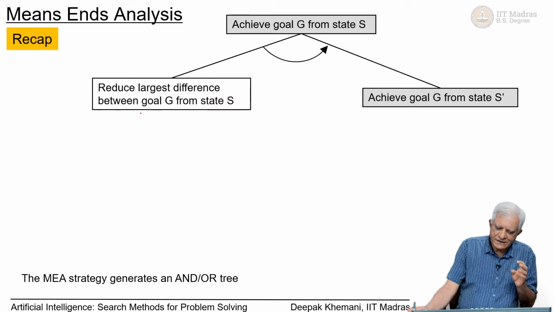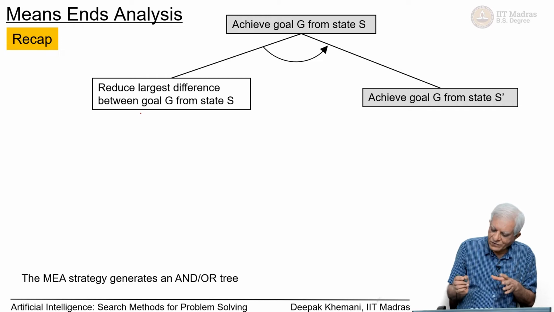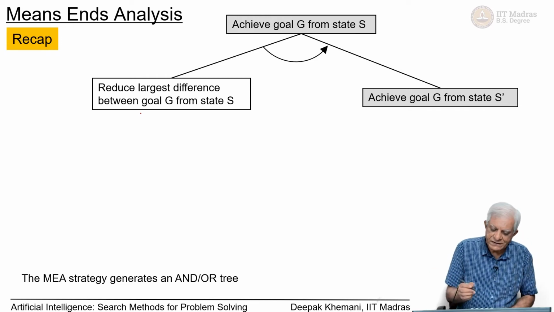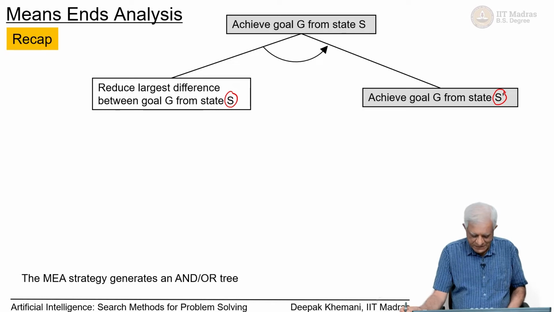Now, let us go back to means-ends analysis a little bit. We saw that what it said was: achieve this goal G from the state S. So first reduce the largest difference between G and S, and then go and achieve the goal G. When you reduce the largest difference, you will move from S to a new state called S prime, and then you achieve the goal from there essentially.